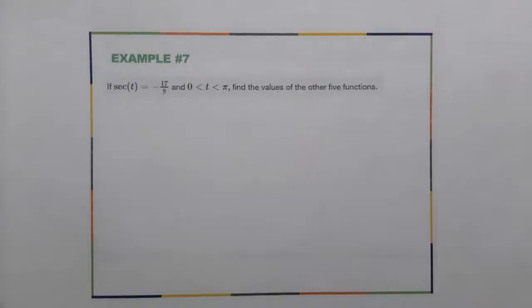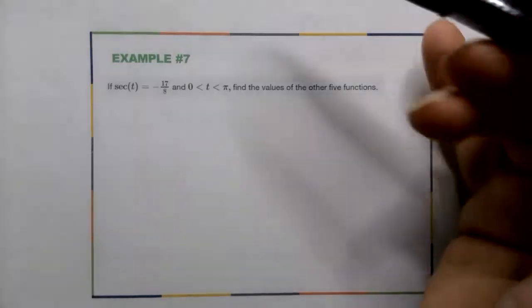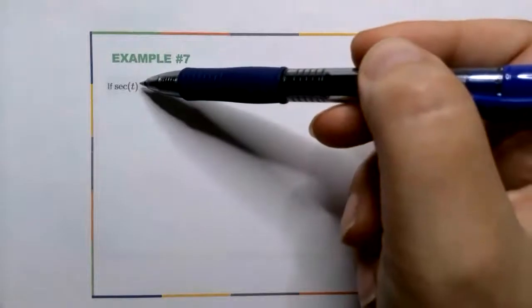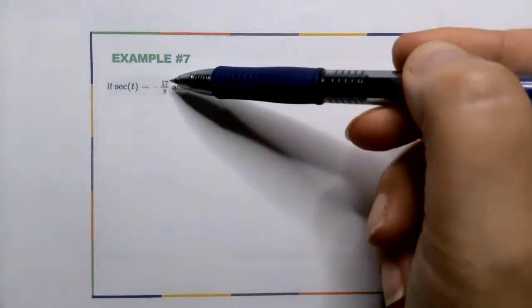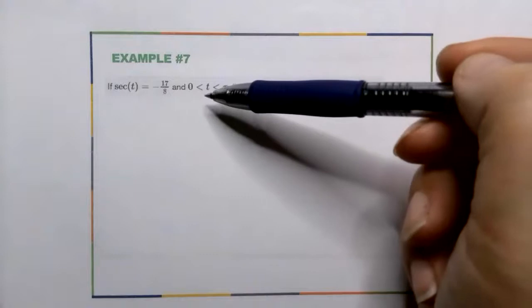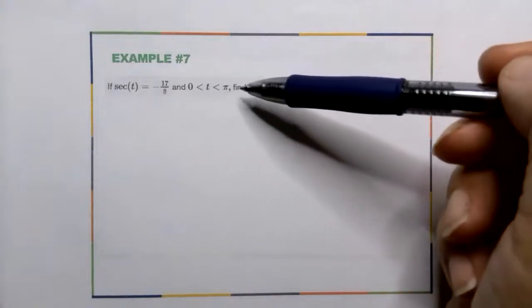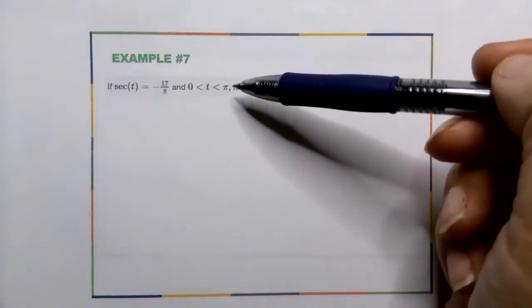So now, how do we use these identities? For example, we have secant t equals negative 17 over 8, and our angle is between 0 and pi.